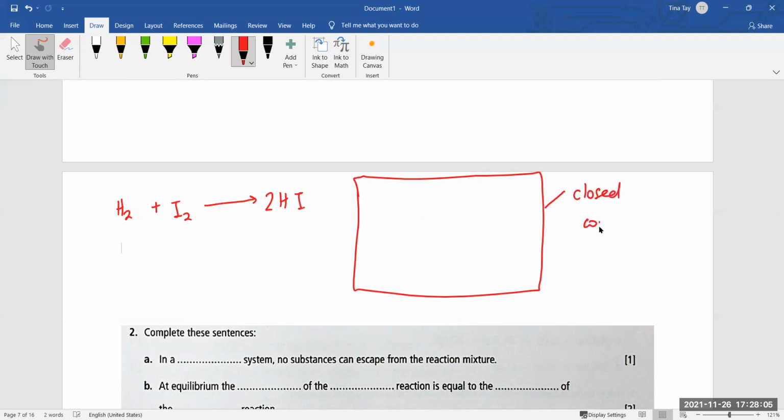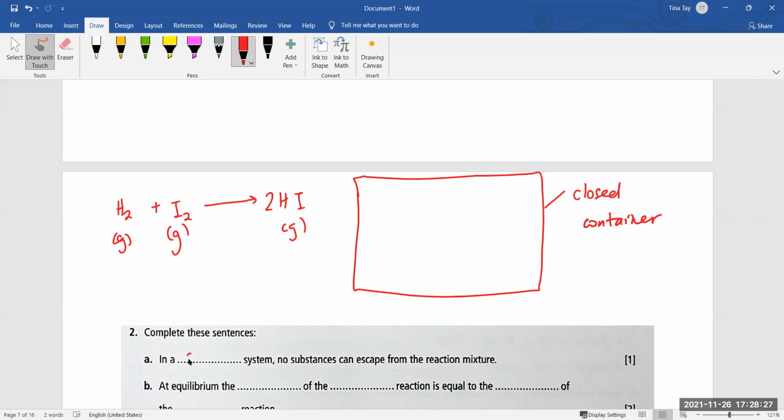Why must it be in a closed container? It's in a closed container so that the gas doesn't escape. If the gas escapes, then why would I do the experiment? Everything escaped already. So I use a closed container, which is also known as a closed system.